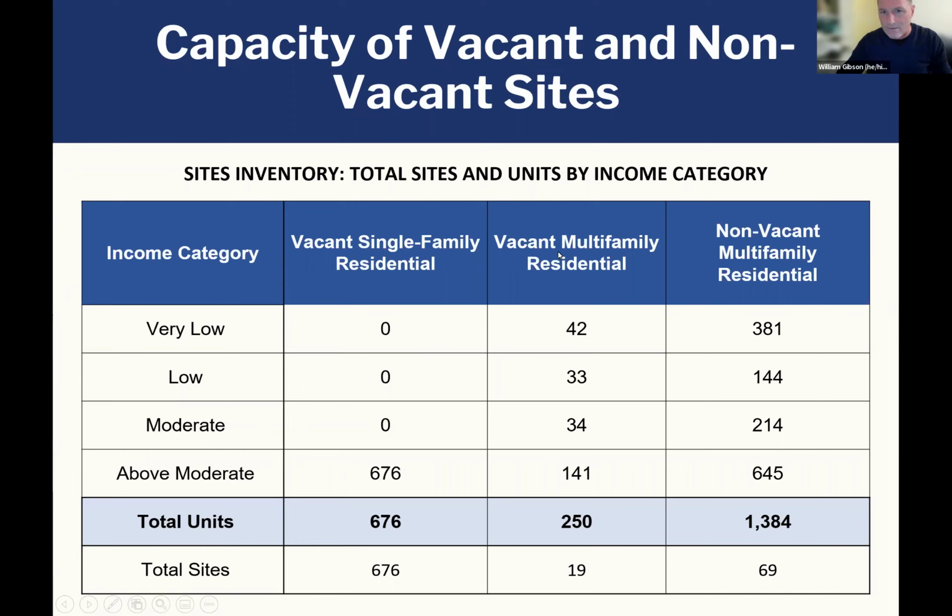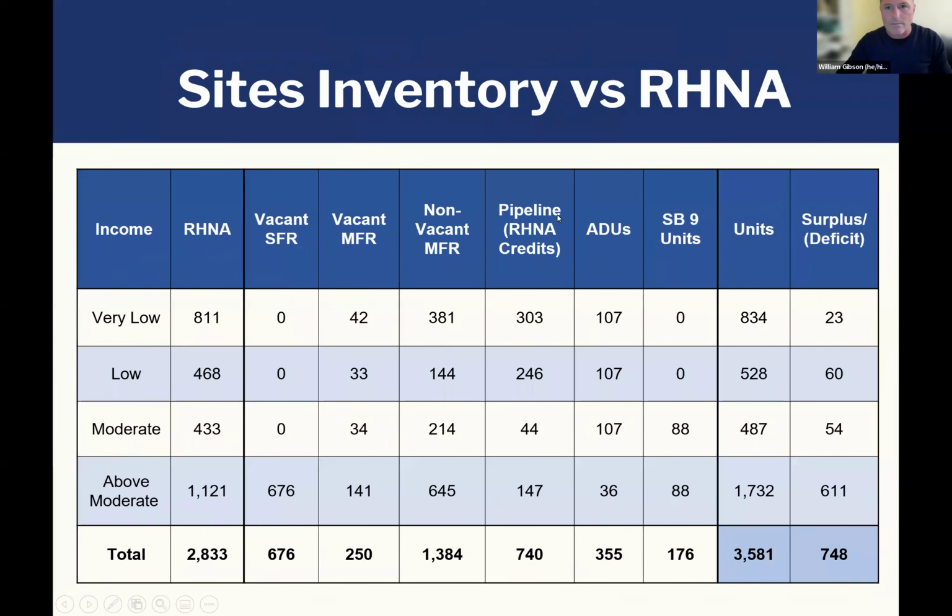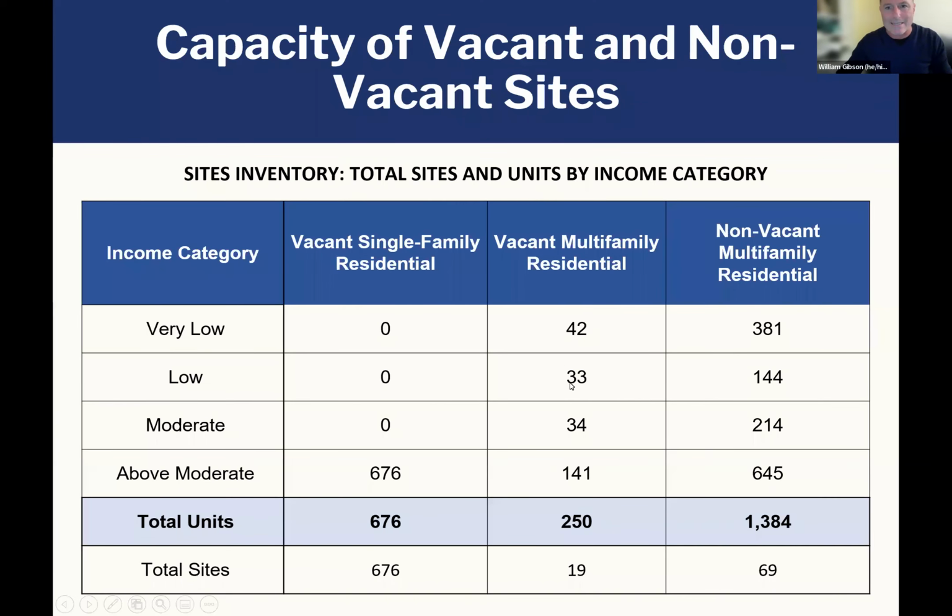For vacant multifamily residential, we have 250 total units broken out across these categories. And you can see also the total sites at the bottom. There are 19 vacant multifamily sites, 250 units. And then for non-vacant sites that are redevelopable, there are 69 total sites for 1,384 units. Most of those are still above moderate, but a significant number of lower income units as well.